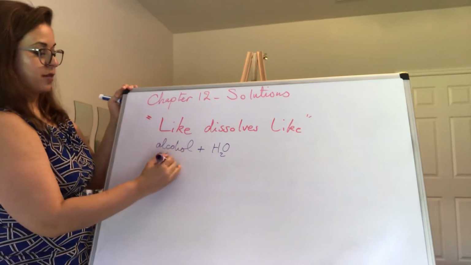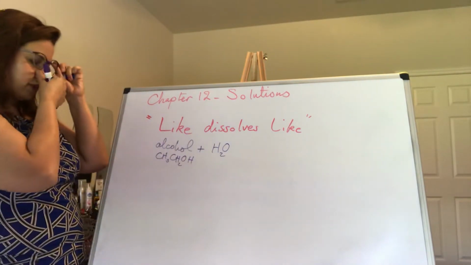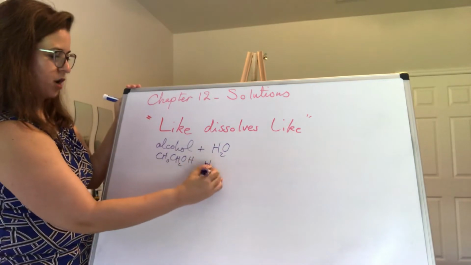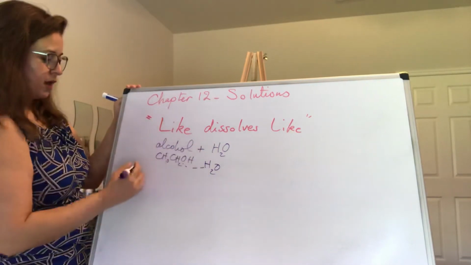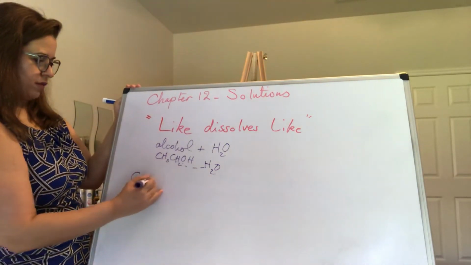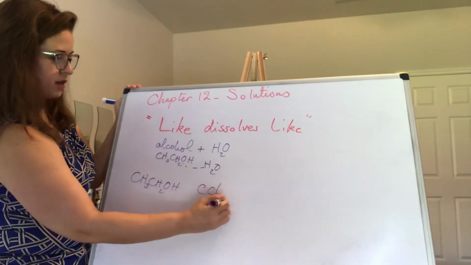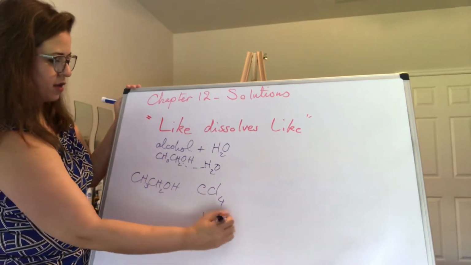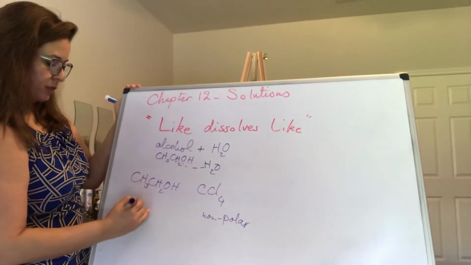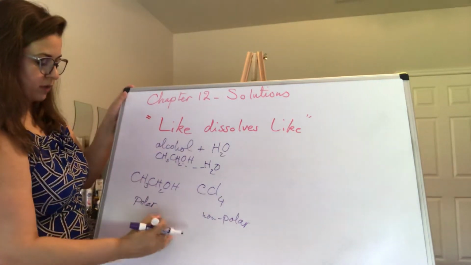If we talk about ethanol, and you don't need to know the formula of ethanol, you will learn it in the last chapter, you will see that they can form hydrogen bonds. You cannot dissolve ethanol in carbon tetrachloride because carbon tetrachloride is a non-polar molecule and ethanol is a polar molecule, so they are not miscible, they are immiscible.